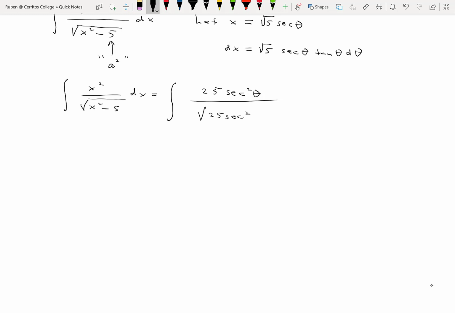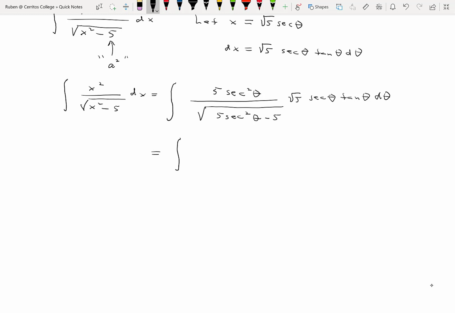If x equals radical 5 secant, x squared is not 25 secant squared, it's just 5 secant squared theta. This is an easy fix. And in the denominator as well. So, sorry about that. In the denominator we have the square root of 5 secant squared theta minus 5. dx is radical 5 secant theta tangent theta. Don't forget, you don't just replace dx with d theta. In this case, dx equals radical 5 secant theta tangent theta d theta.